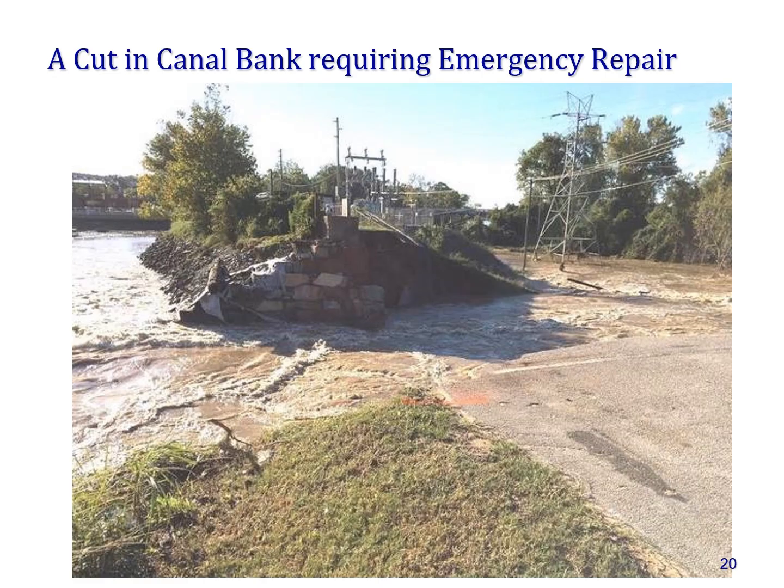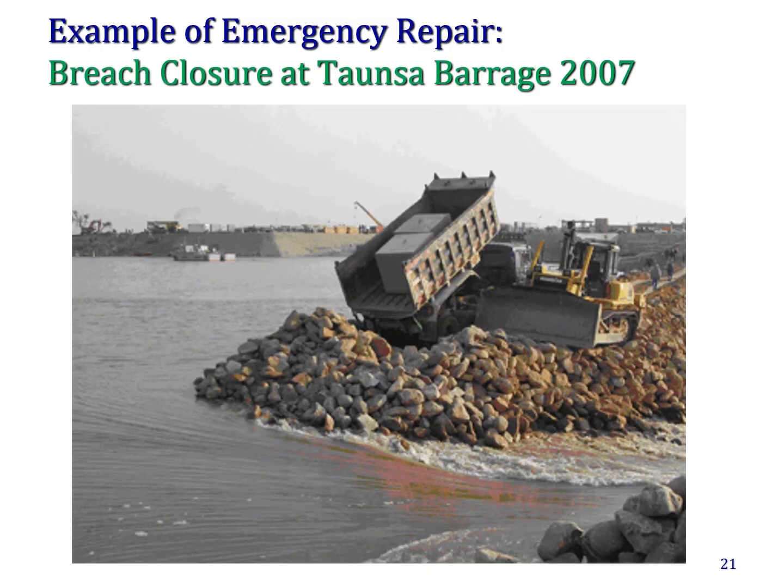Okay, here are some examples of breaching. For example, you see the canal is running here, and this part of the embankment has breached, and the water is gushing out to the adjacent areas. This is an example of a canal breach at Tosa Barrage in 2007, and this is an example of emergency repair.